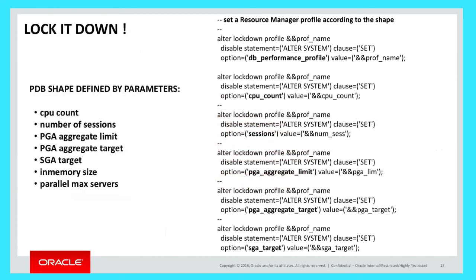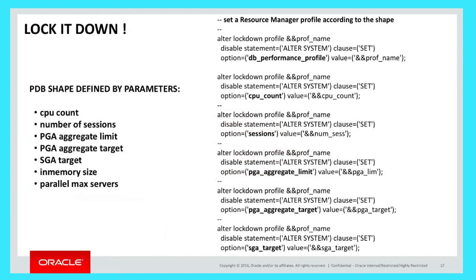So we'll assign a DB performance profile, and this is all executed by PL/SQL. So we basically pass in the profile name that the subscriber has asked for. I want a small, so we're going to pass in the DB performance profile associated with that request. And then based on that request, we will apply the lockdown profiles for each of these: CPU count, sessions, the PGA aggregate limit, based on our settings for our service.